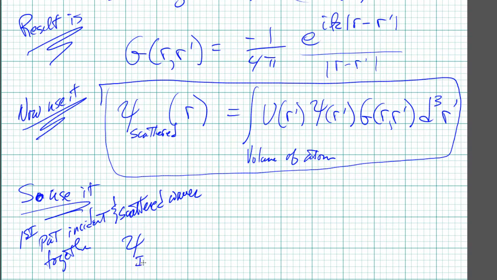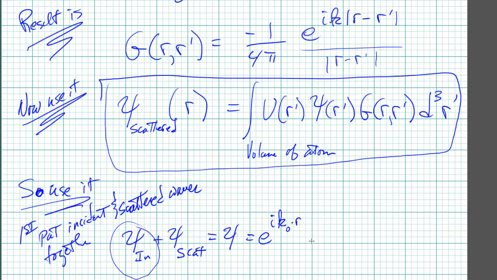So psi incident plus psi scattered equals psi, which is going to equal e to the i k naught dot r, that's the psi incident, plus 2m over h bar squared, integral of v of r prime, psi of r prime, g of r prime, d r prime cubed.